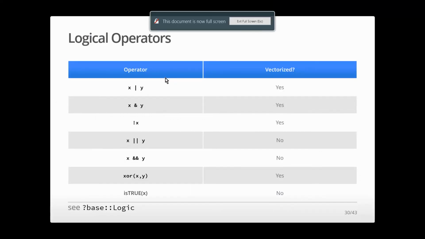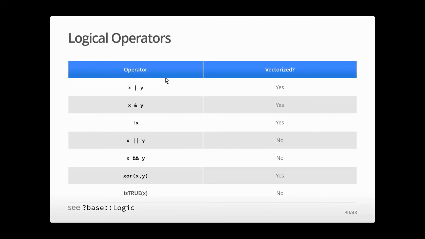All right, so we have our logical operators: and, or, and not. These are all vectorized, meaning you can give it a vector of true false values, like 10 of these or however many, 1,000. And if you give it 2 vectors, it will go element-wise. If it runs out on one vector, it's going to recycle it to match the longer one.